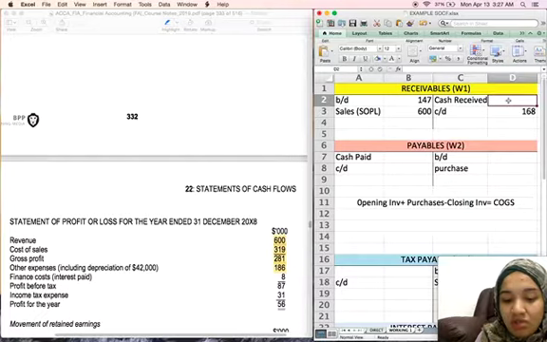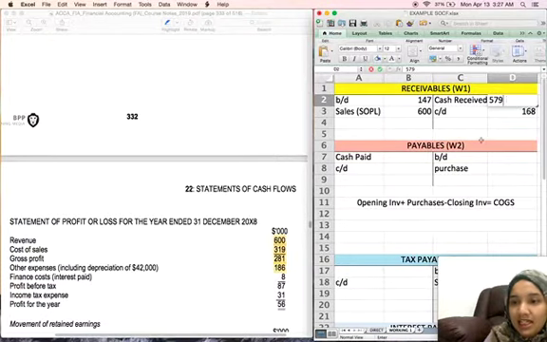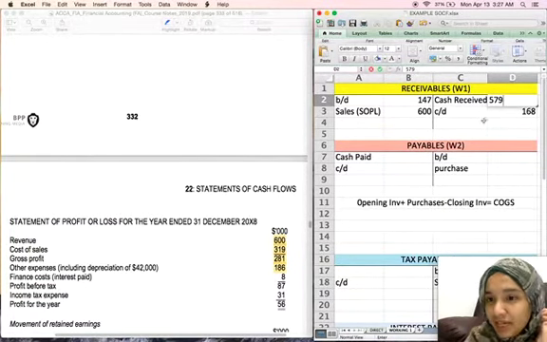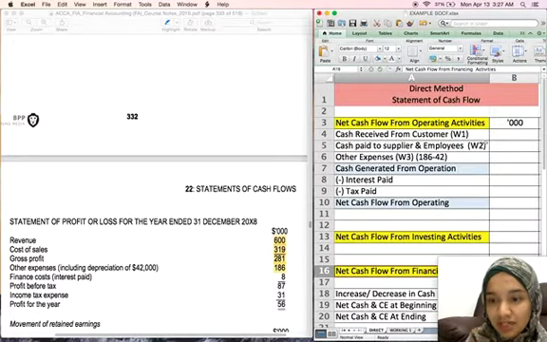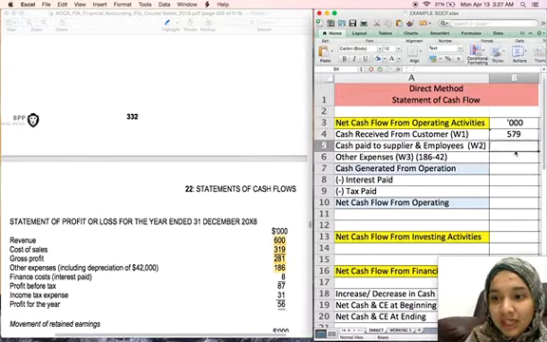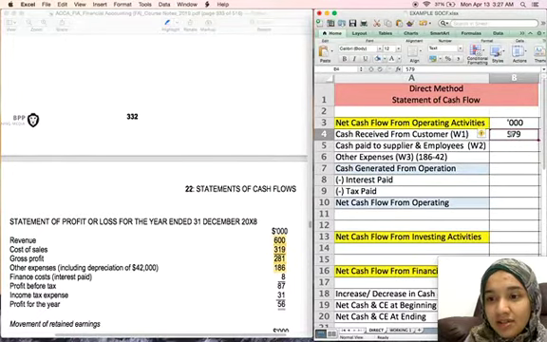So you calculate 147 plus 600, you get 747. So, this one will be part of the cash received, so you transfer to here. When you receive money, you will add or deduct? Exactly, you will deduct.